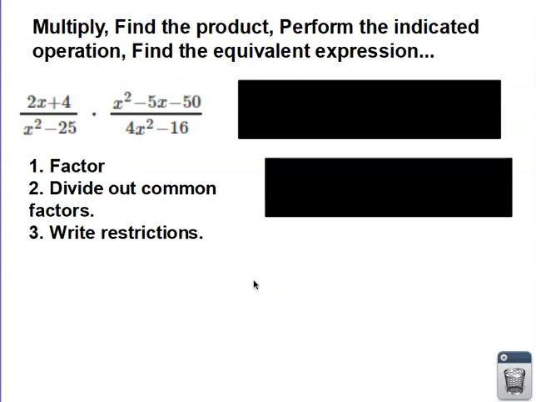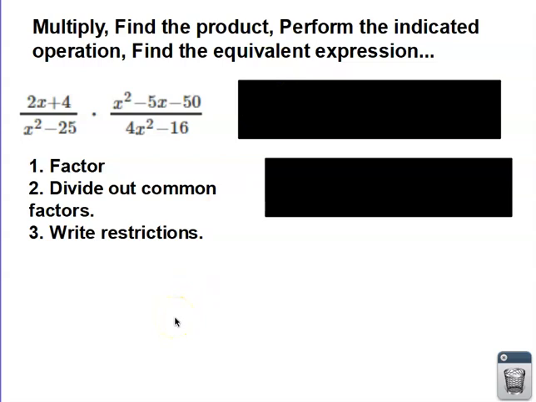In this problem, we are multiplying, but I wanted to show you the different ways they could ask you to do that. They could say multiply, they could say find the product, they could say perform the indicated operation, or they could say find the equivalent expression.